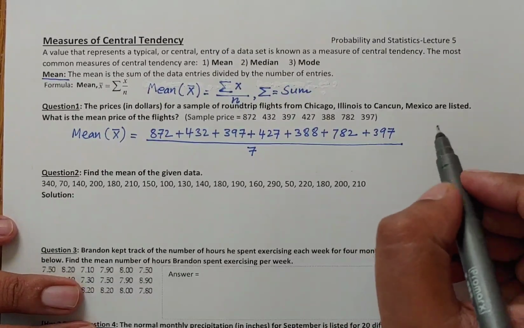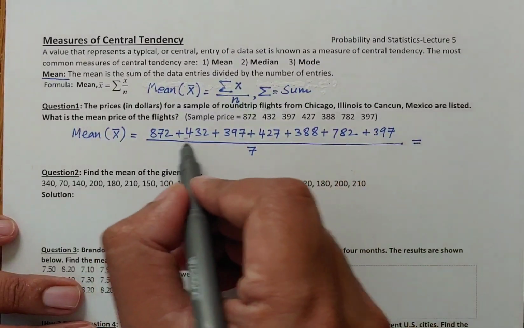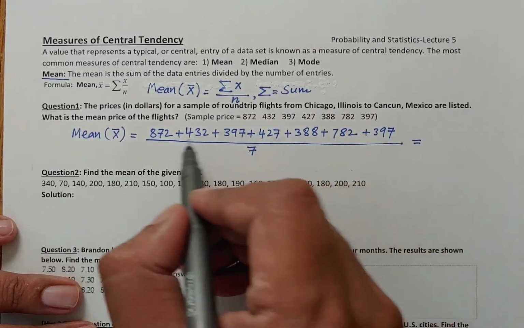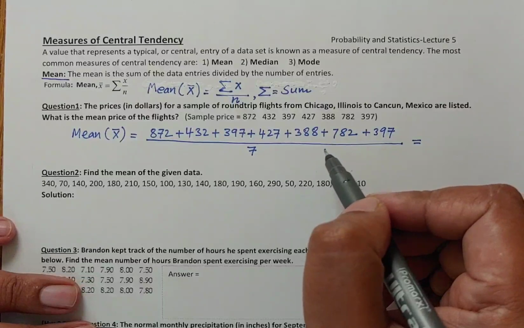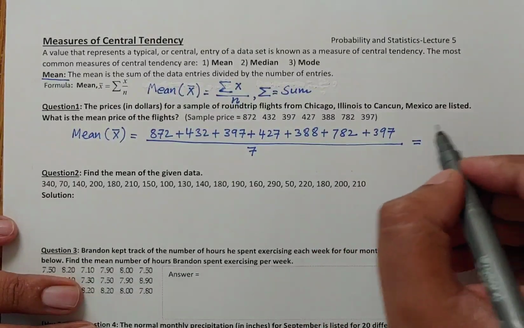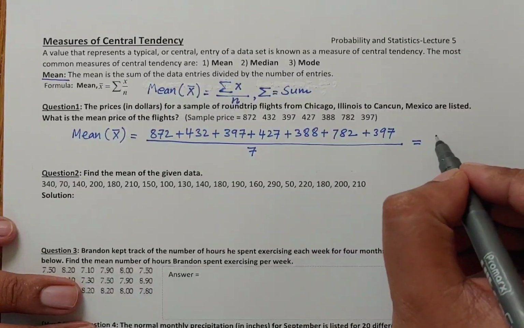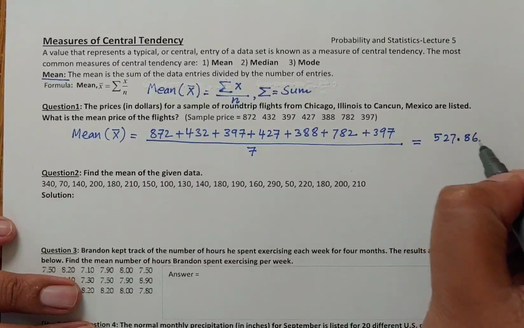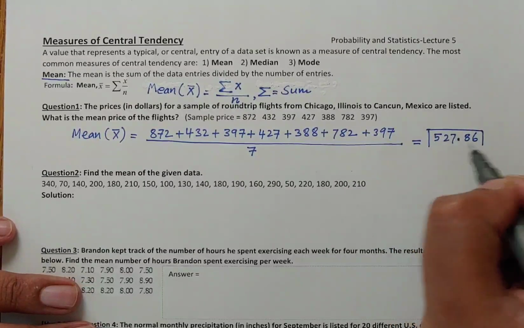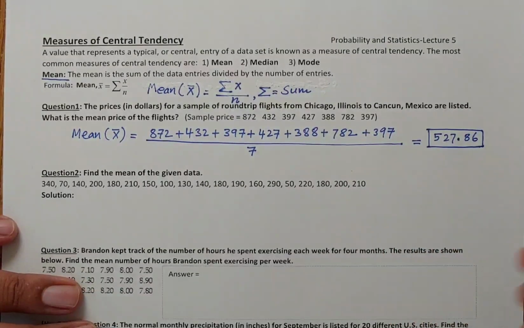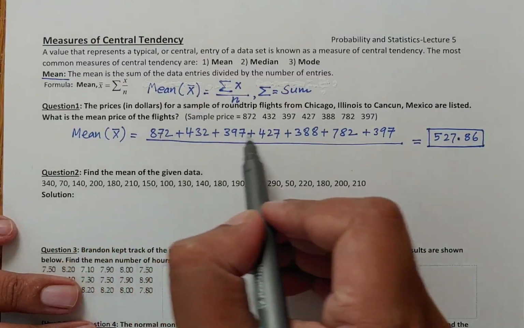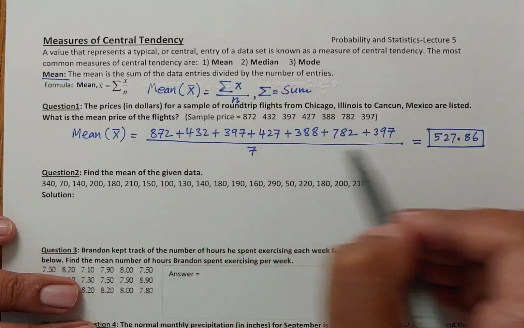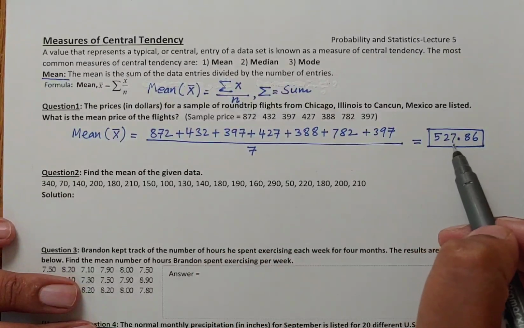I did the calculation and I get 527.86. So I first added these numbers and then divided by 7, and this is the mean.